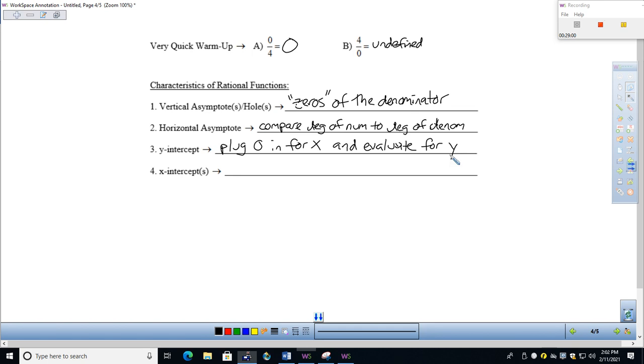Now the x-intercepts, a little more interesting. In order to find the x-intercepts, and this is also universal, we sort of do the opposite. Plug 0 in for y and solve for x.